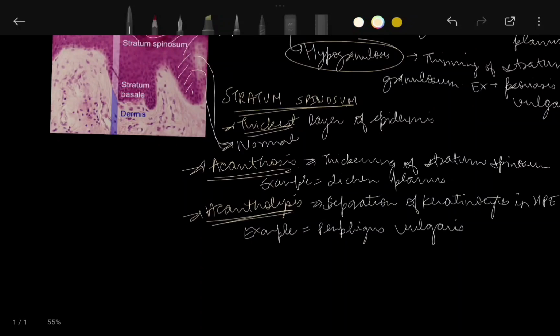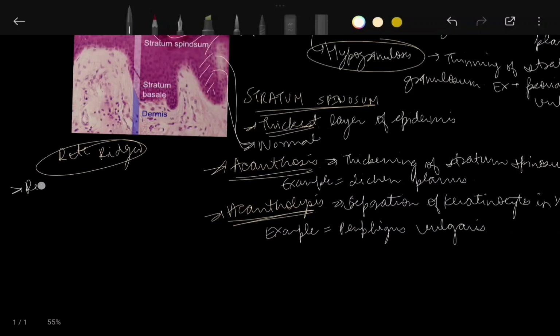Then coming to the next topic, that is rete ridges. Now what are rete ridges? Regular, it is the wavy pattern between the epidermis and dermis.